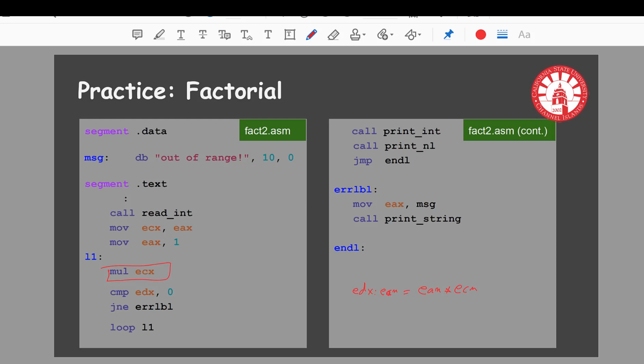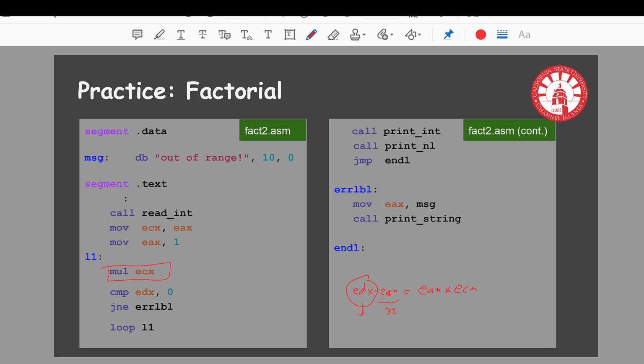We said that if the result is greater than 32 bits, we're going to print out the error message. So this one is 32 bits. As soon as we get some value in the EDX register, we know that the result is greater than 32 bits.